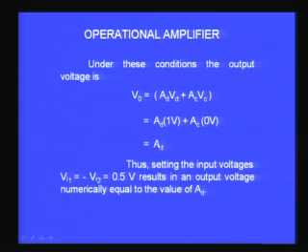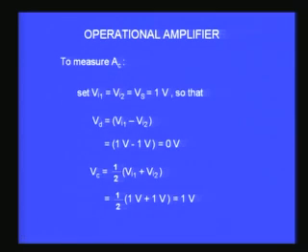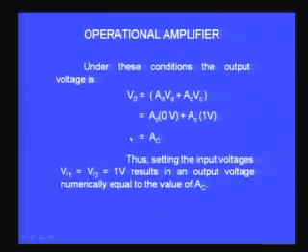Similarly, if I want to measure the AC, then I set VI1 equal to VI2 equal to 1 volt. Then VD is equal to VI1 minus VI2, 1 volt minus 1 volt gives me 0, therefore there is no VD, and VC is half of VI1 plus VI2, that is equal to 1 volt. The output voltage, therefore, is AD into 0, because VD is 0, plus AC into 1 volt, therefore it is AC.